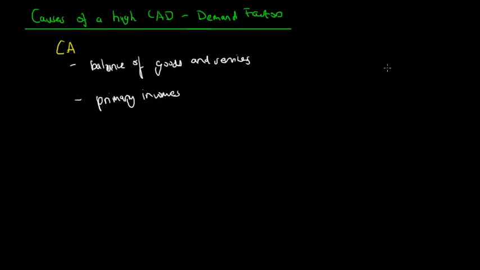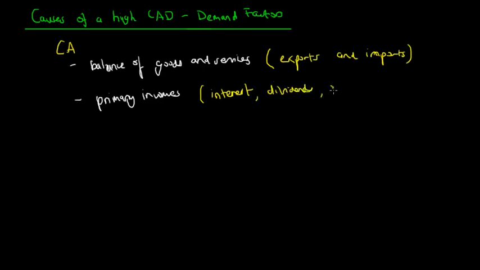Now, as we know, the balance on goods and services is exports and imports, whereas primary incomes relate to interest, dividends, and other sources of major income flowing in and out of the country.